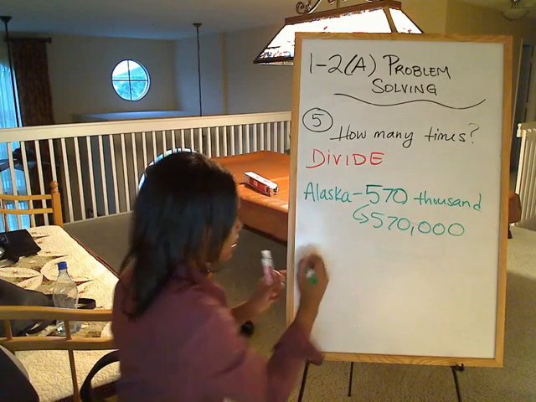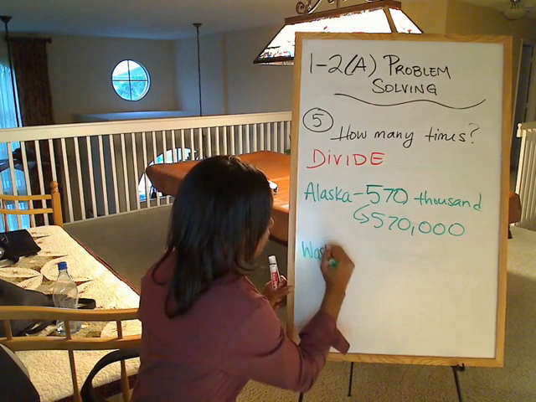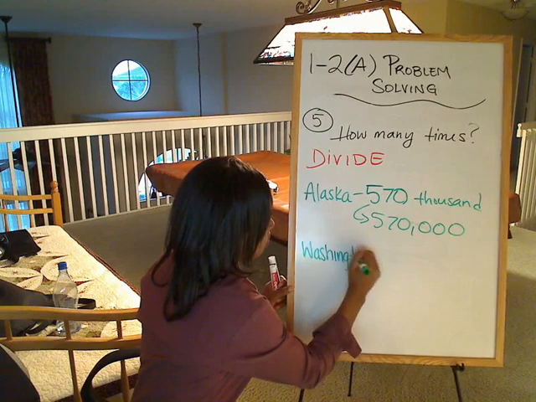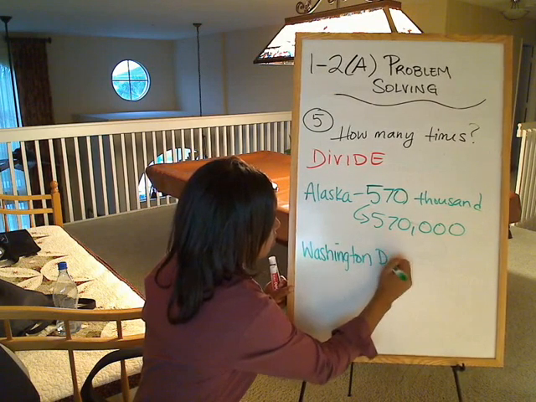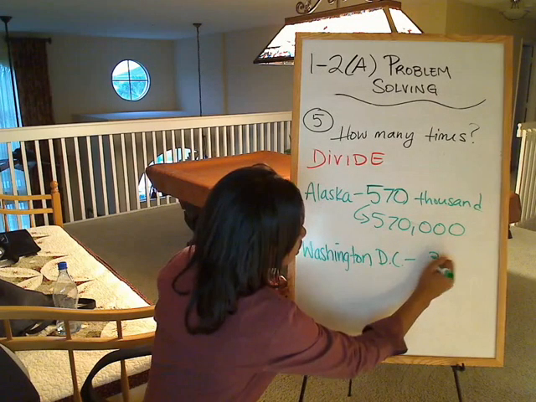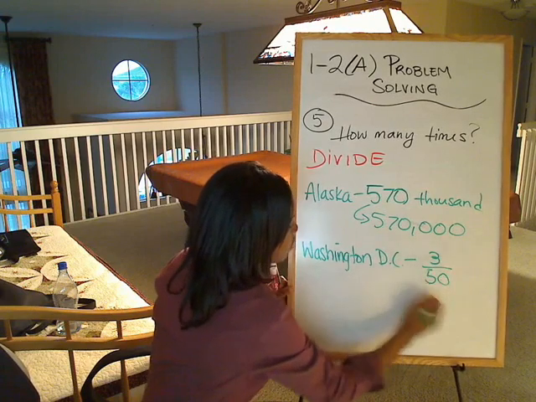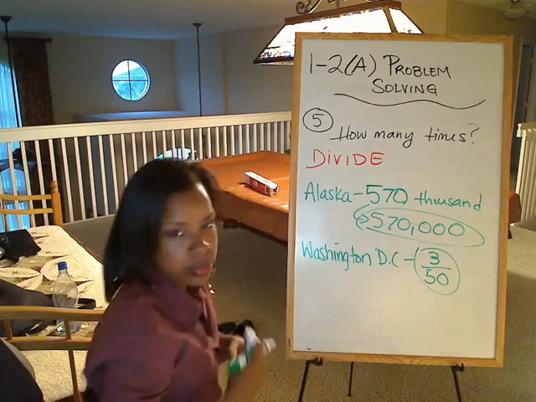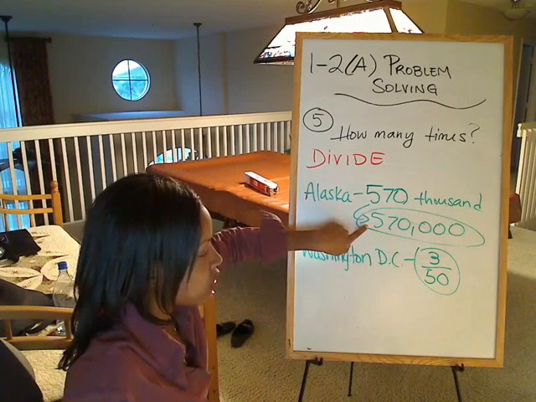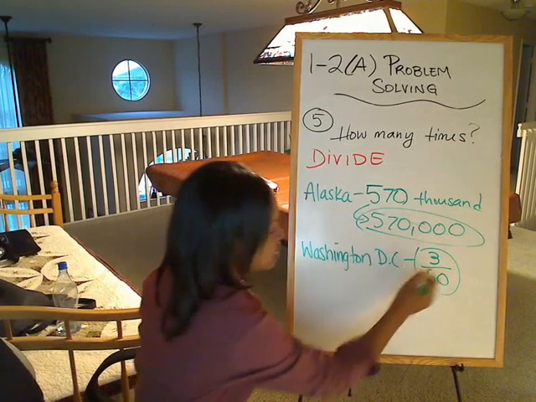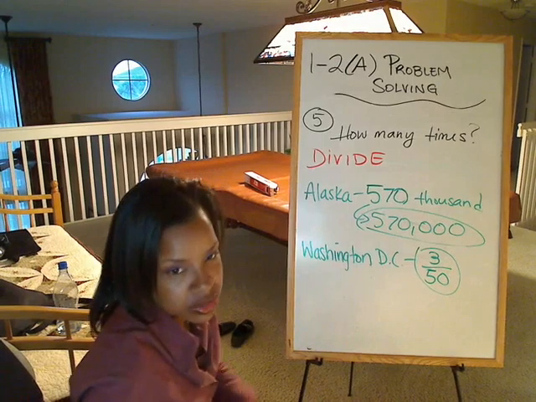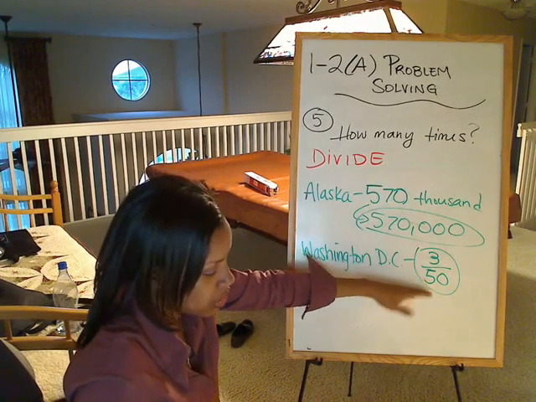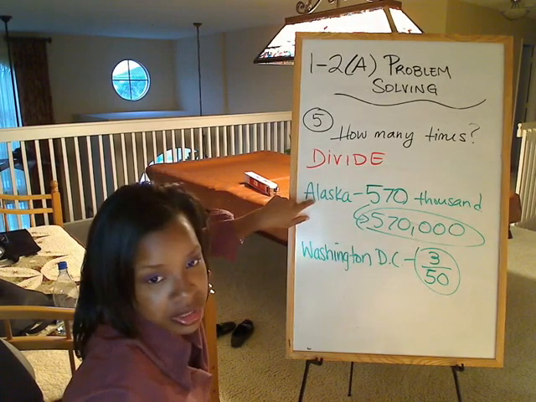And Washington, D.C. is 3/50 square miles. So we're comparing 570,000 square miles to 3/50. This is not even one whole square mile. So it's very big compared to very small. And we're trying to see how much bigger Alaska is.